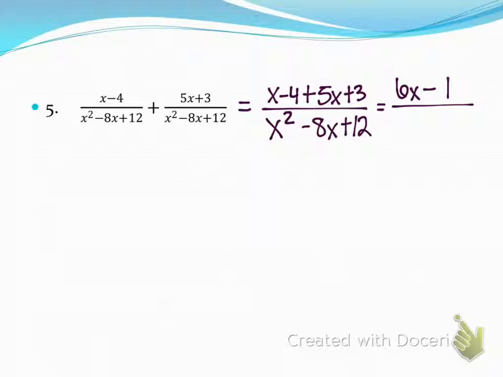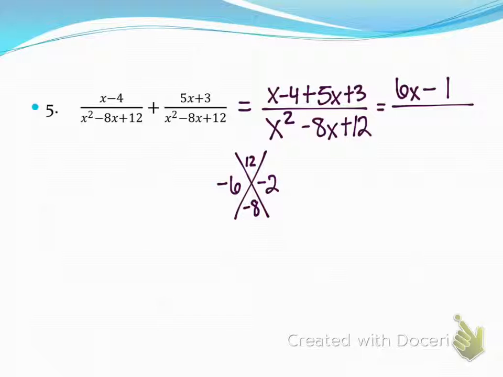The x method to factor. What goes on top? On bottom? My numbers that would fill in those sides. Negative 6 and negative 2. Good. They both got to be negative if we're multiplying to a positive. All right.